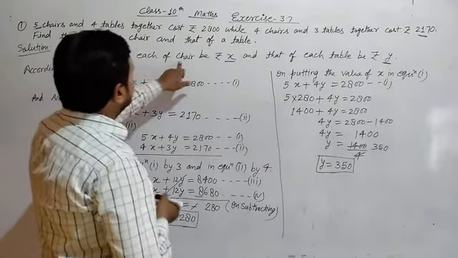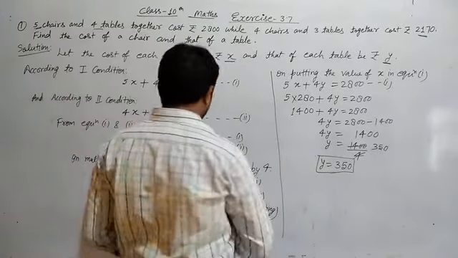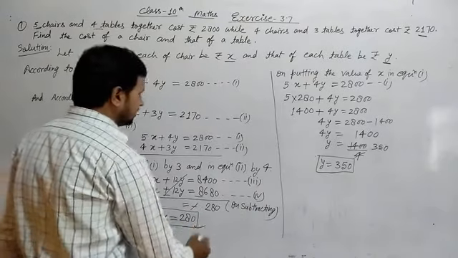In this way, we can say that the cost of each chair will be, where is the value of x? This is 280.